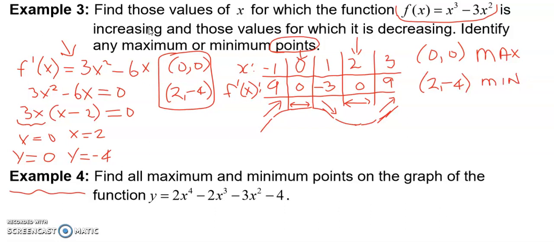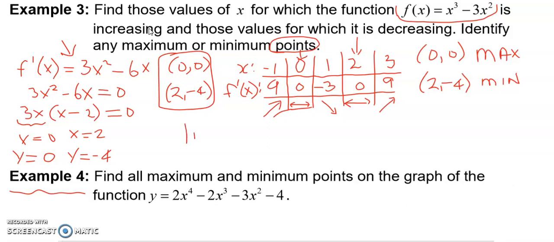Now, of course, the other part to that question we haven't answered yet is for which values of x is the function increasing and for which values of x is the function decreasing. So I'll give myself a little bit of space here. I'll just erase that curve and I'll write the answer down. Now remember, you have to use your critical values, which are 0 and 2, as kind of like your endpoints.